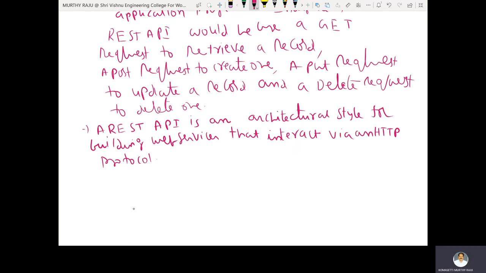With the help of HTTP, hypertext transfer protocol, we access web pages and perform these tasks. That is one of the important software standards.